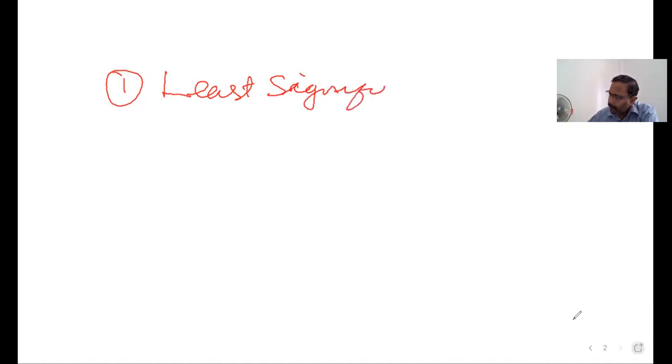Right? In a nutshell, I will explain some mean separation methods, called least significant difference.